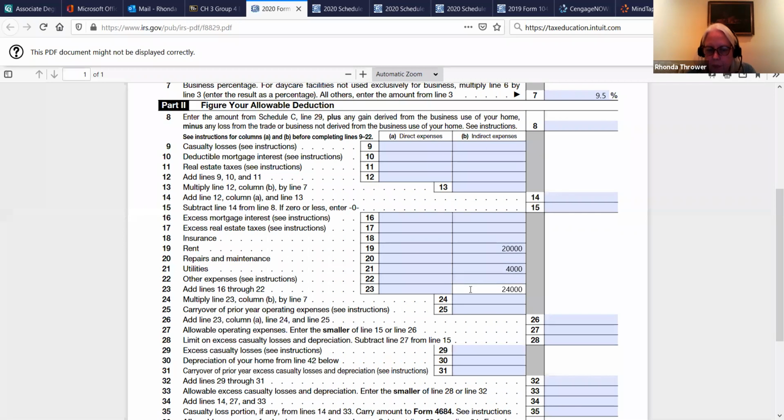And then here's where you're going to multiply this by the 9.5% from line 7. So 24,000, I'm going to put that in my calculator and multiply it by 0.095, and that will give you 2,280. Yes.